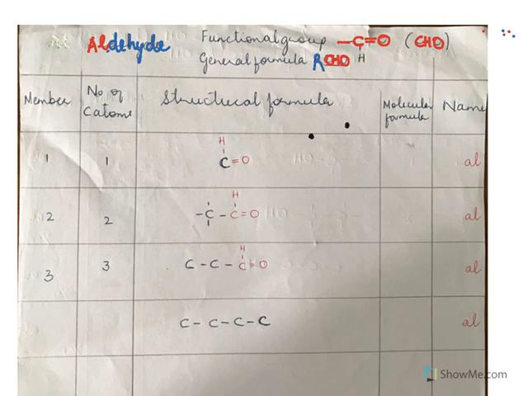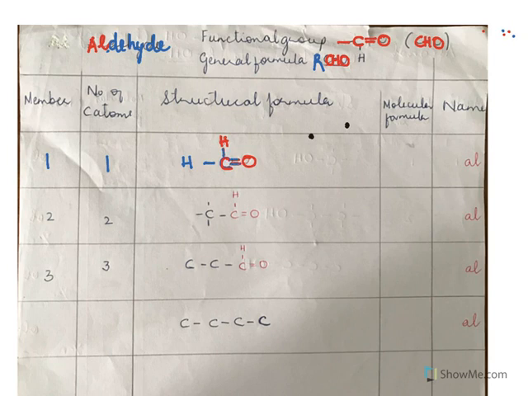Let's start with the first member of the aldehyde, which is 1 carbon. So here is 1 carbon, and this is the functional group, C double bond OH. This is the functional group of the aldehyde, CHO. Now if you see, only 1 more carbon can be attached because a carbon has got 4 branches, 1, 2, 3, 4.